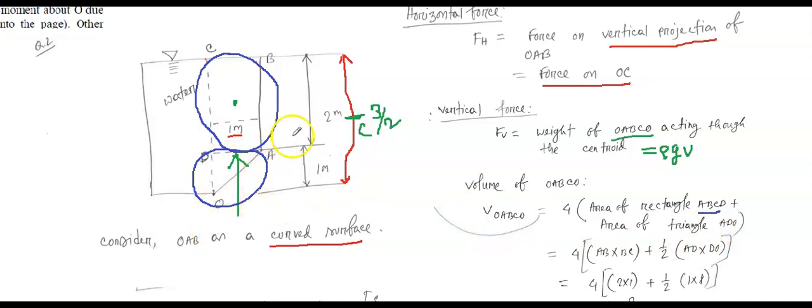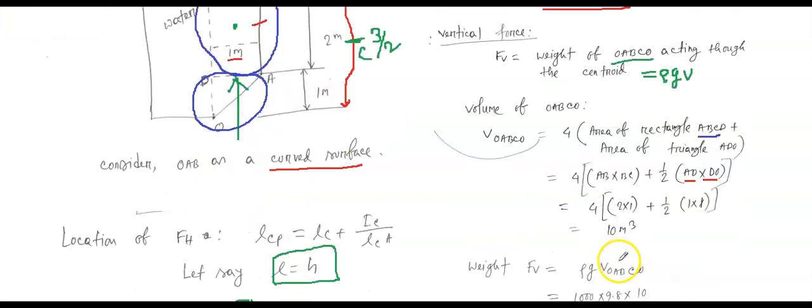When it is a rectangle, you know how to calculate the area. So that means you need to multiply this and this, AB and BC. And for the triangle, this should be half times AD and DO. So now we know all the dimensions here.